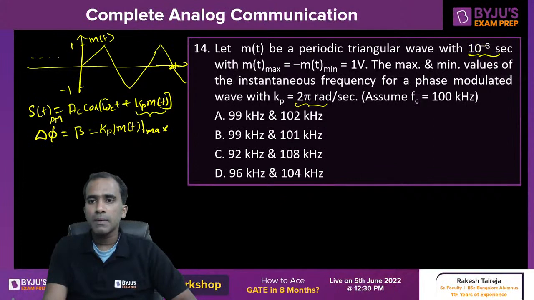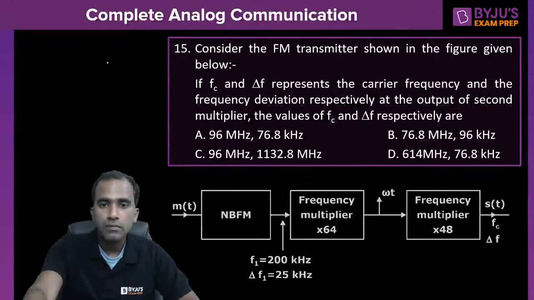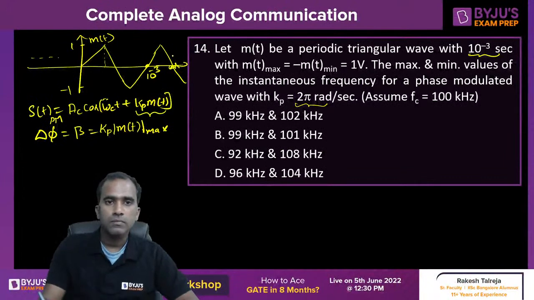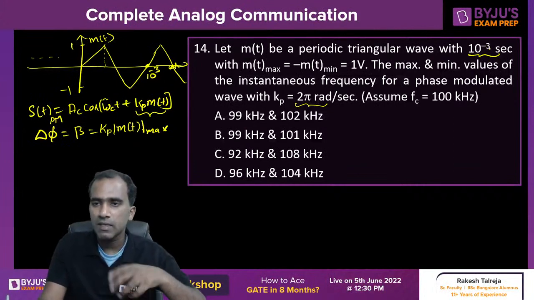So with 10 power minus 3 seconds as the time period, let me say this point is 10 power minus 3. That is not clearly given in the question. Some part of the question that I've given, the TTP guy has missed it.